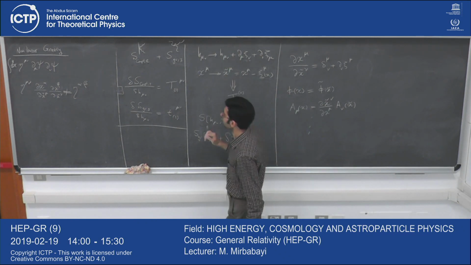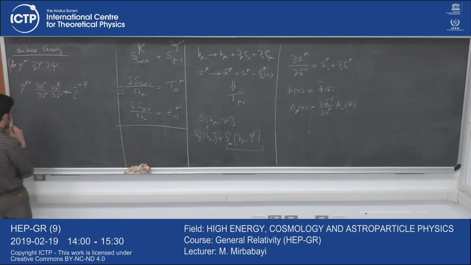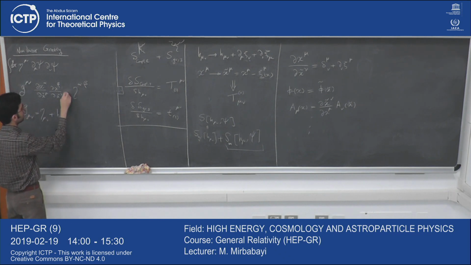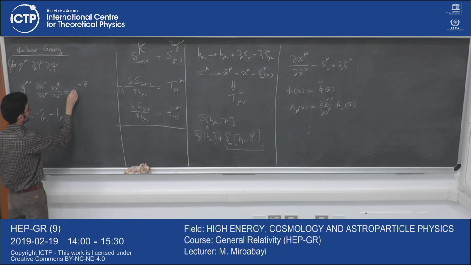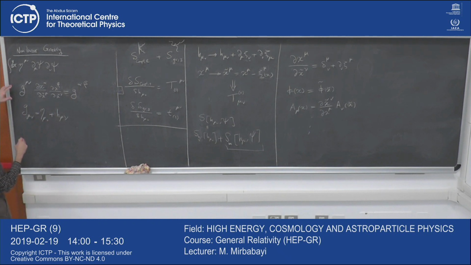Okay. So what is the answer? I just write the answer. If I construct the metric G mu nu, which is eta mu nu plus H mu nu, we can see that then it is invariant. Maybe I lower the indices.